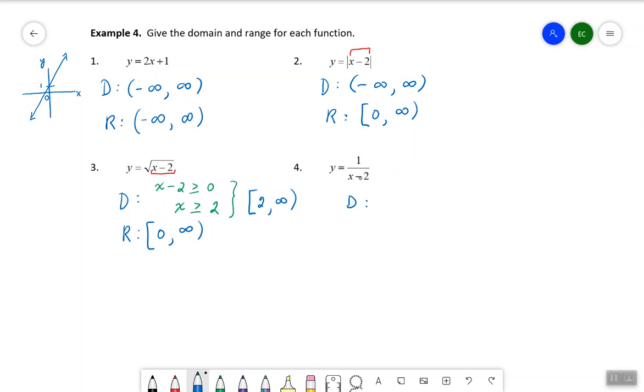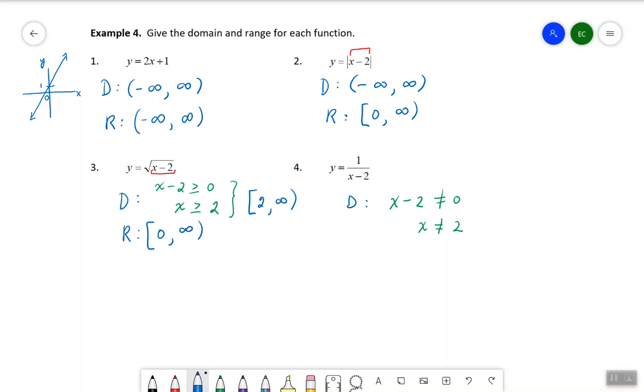So if the denominator is 0, then there is no y value. Then there is no output. That's undefined. So what we're going to say here for our domain is that x minus 2 is not equal to 0, or x is not equal to 2. x could be any other number besides 2.